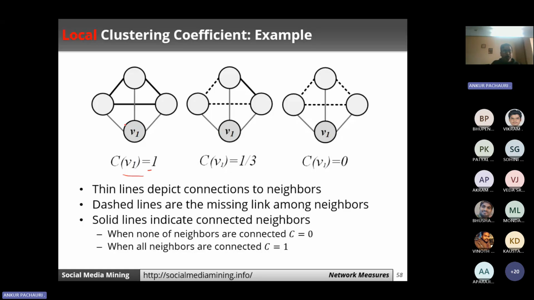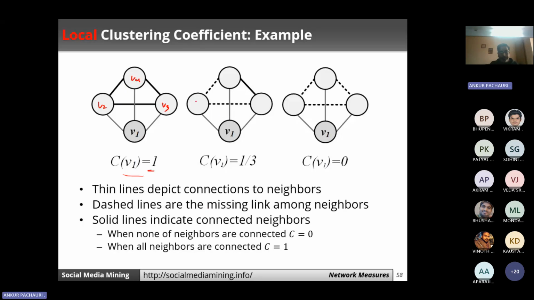So who are the neighbors of V1? V2, V3, and V4 are the neighbors of V1, and they themselves are connected in the form of a triangle. So that means they themselves are very well connected. They are a part of the cluster or a triangle.